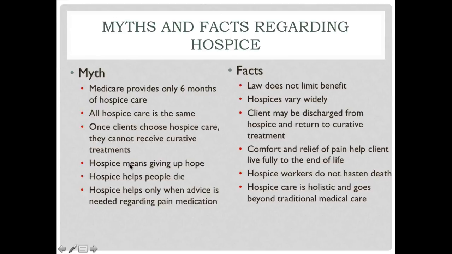Hospice care is different from state to state and facility to facility. You can go on to hospice care, and then you can go off of hospice care. So you don't have to stay on it if you decide you want to go back to curative treatments. Hospice does not mean giving up hope. And hospice doesn't help people die, it provides them support in the process of dying.